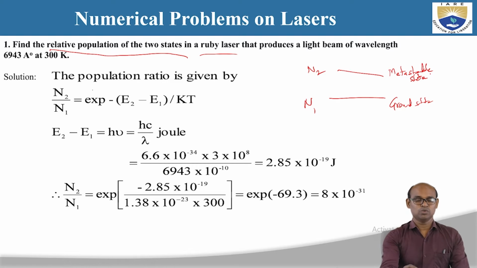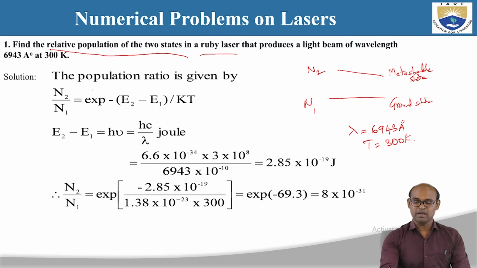Now we have to find the relative population between these two states in a ruby laser that produces a laser beam of wavelength 6943 angstroms, and the temperature is given as 300 Kelvin.